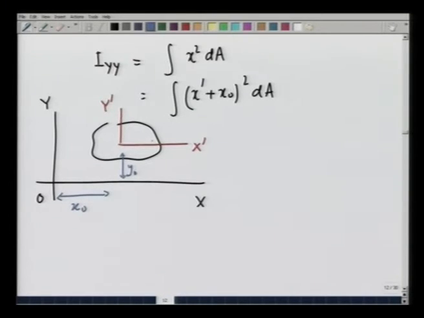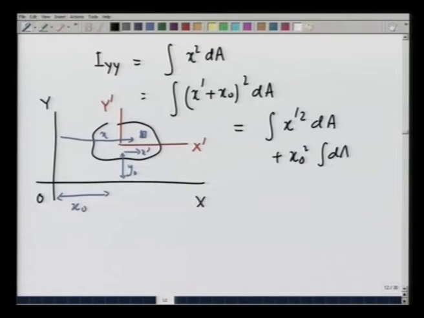So, if I choose an area here, this is x and this is x prime. So, x is x prime plus x naught. So, this can be written as equal to integral x prime squared dA plus x_0 squared integral dA plus 2 x_0 integral x prime dA.